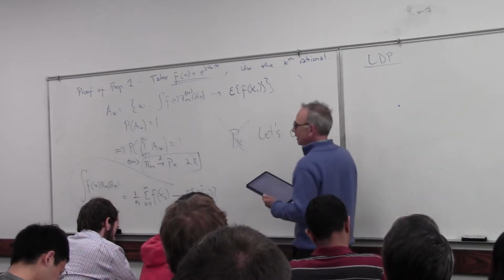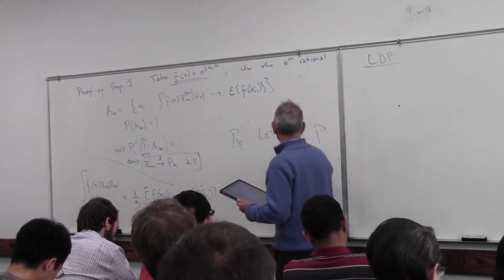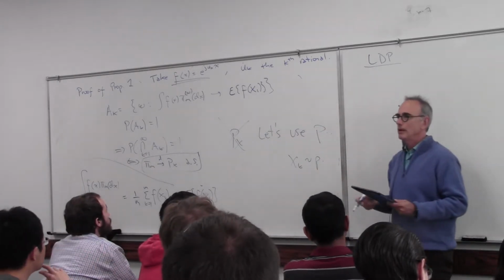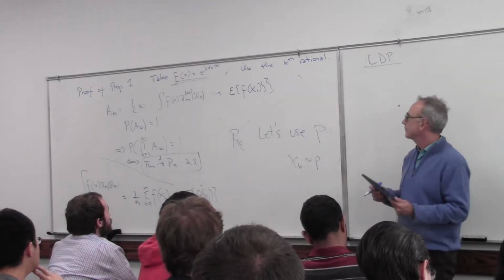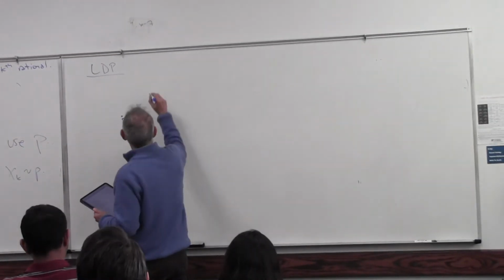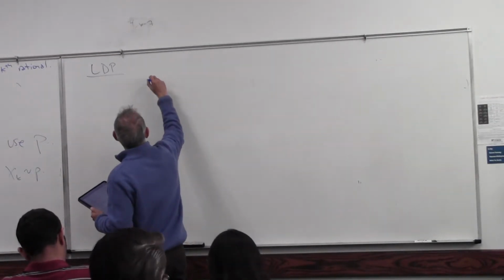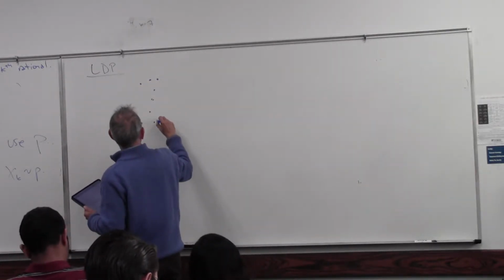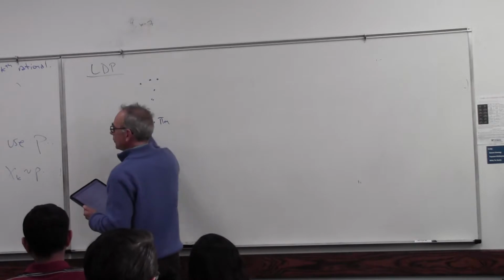So a little p is going to be my distribution for x_k. And so what I'm saying now is I've got my little p sitting there, and I have my little guys over here, pi_m's, which are floating around.